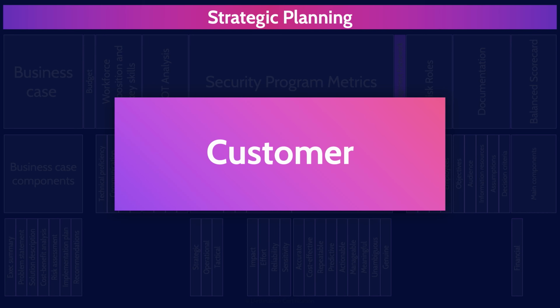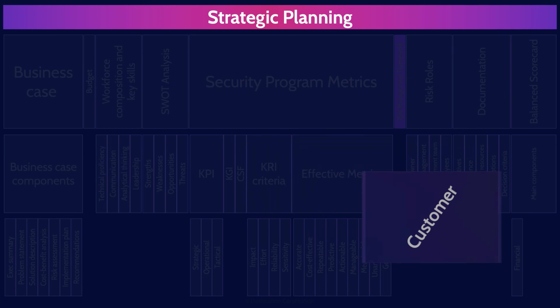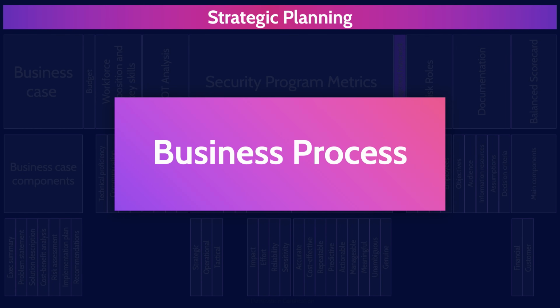Secondly, the customer perspective evaluates how well security services meet stakeholder needs, measuring satisfaction, trust, and perceived value. Next up, business process metrics examine the efficiency and effectiveness of security operations, from incident response times to vulnerability remediation rates.